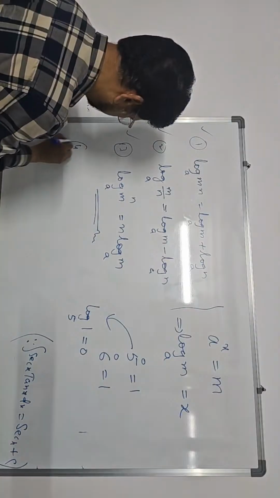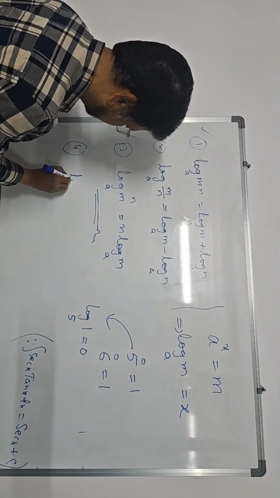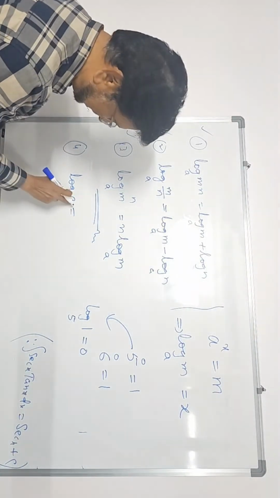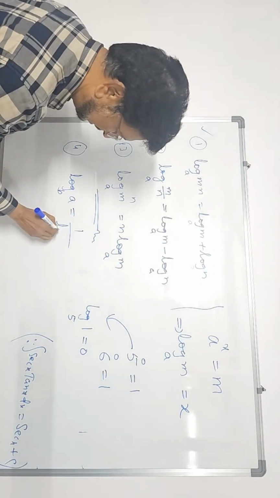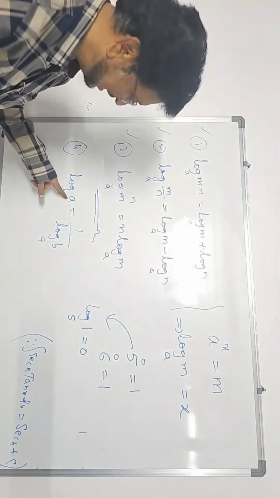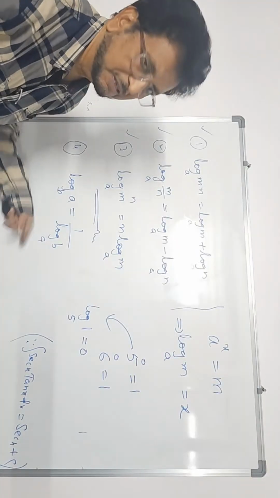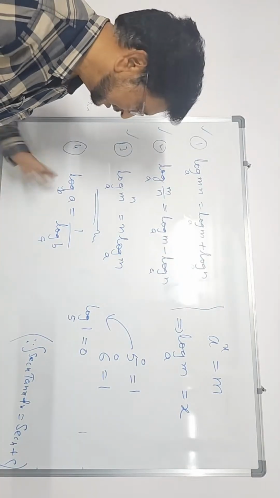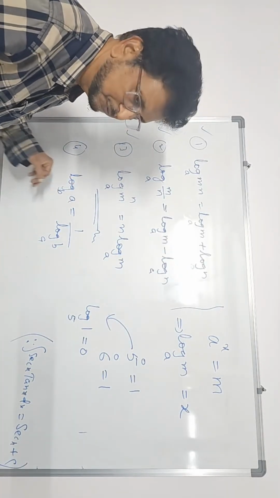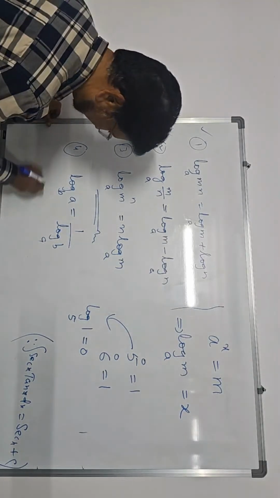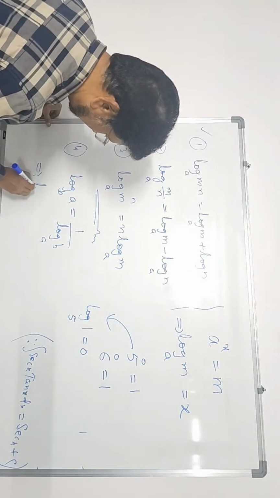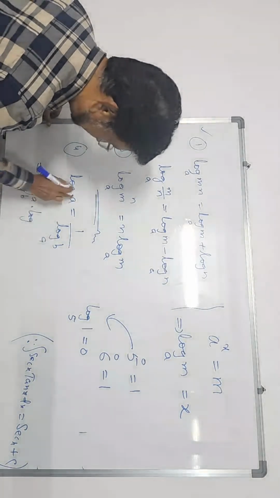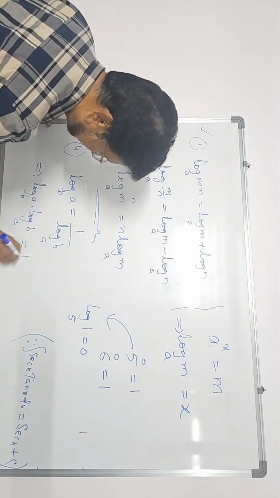And also log a base b, suppose I am saying, is equal to, if you want to interchange these two numbers, you can write 1 by log b base a. A and b, if you want to interchange, then you can write 1 by. Log a base b is equal to 1 by log b base a. This is simple one. Or if you cross multiply these two, log a base b into log b base a is equal to 1.